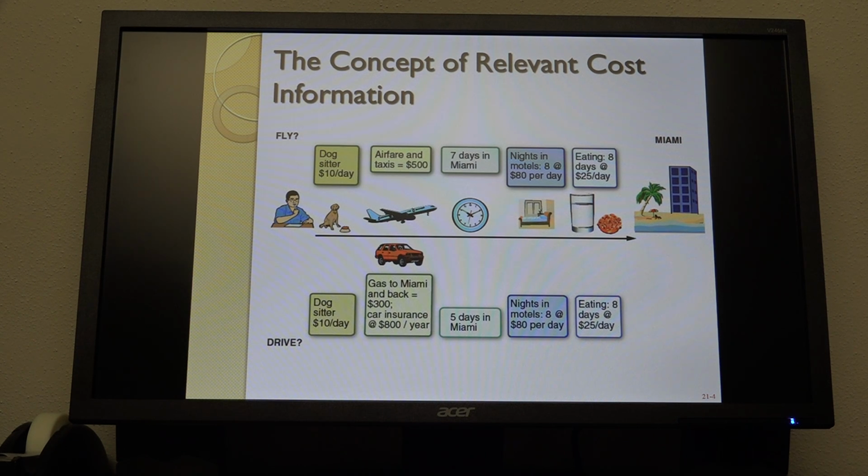If the cost doesn't change, then it's an irrelevant cost. And same goes for revenue. If revenue doesn't change as far as your decision is concerned, then it's not relevant to the decision. So it's the incremental or the change in revenues and or costs that are relevant in a decision.